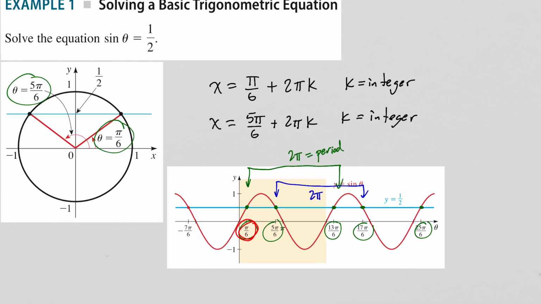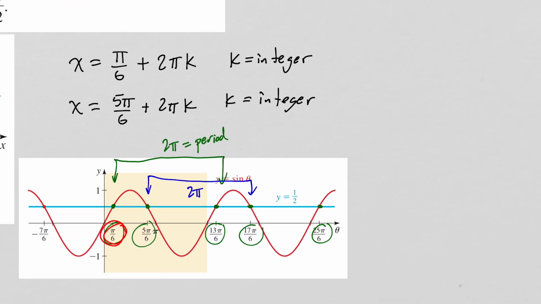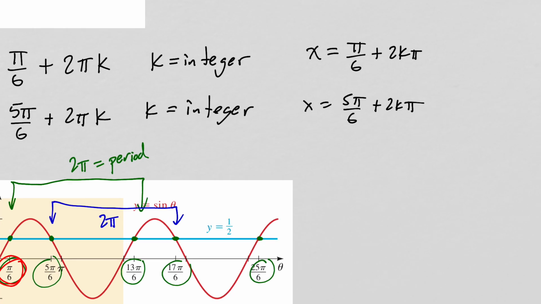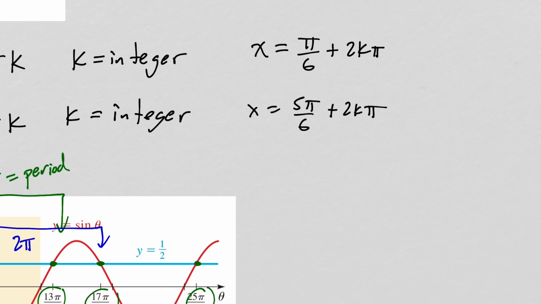Now, just a little bit of a detail here. Sometimes people don't write it exactly in this format. So, I could also say x equals pi over 6 plus 2k pi, right? So sometimes the pi and the k are switched around. That really doesn't matter too much. And then other times, instead of using k, they'll use n.